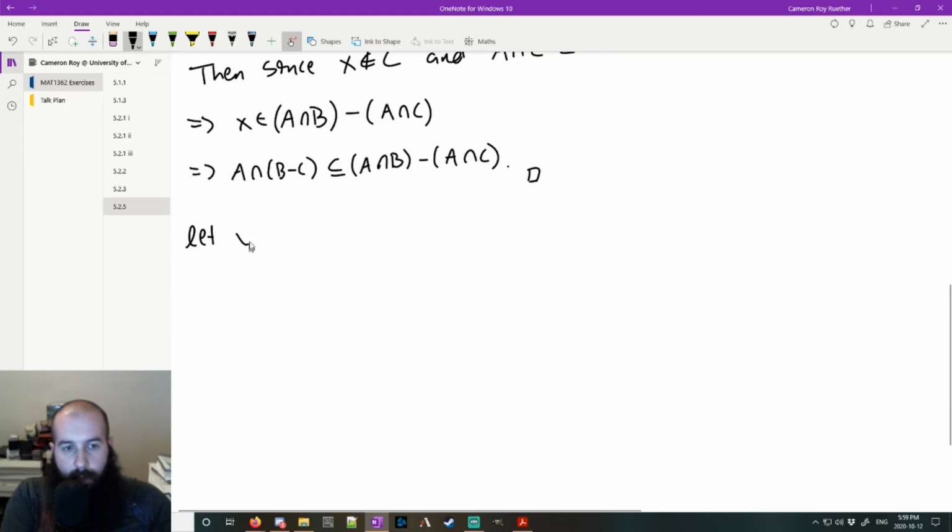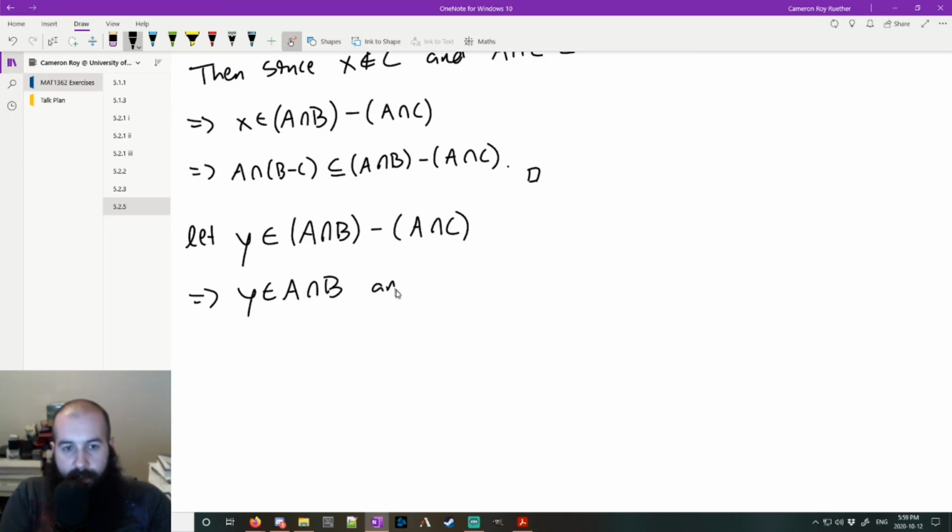let's let Y be a generic element of A intersect B minus A intersect C. By the definition of set difference, this means that Y is an element of A intersect B and Y is not an element of A intersect C. This we can unpack as follows.